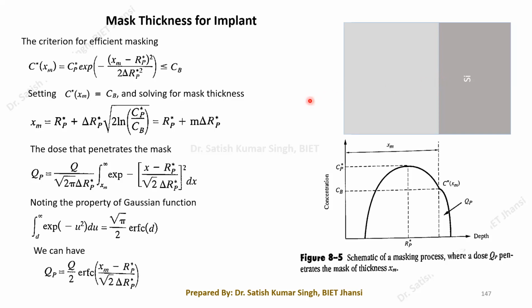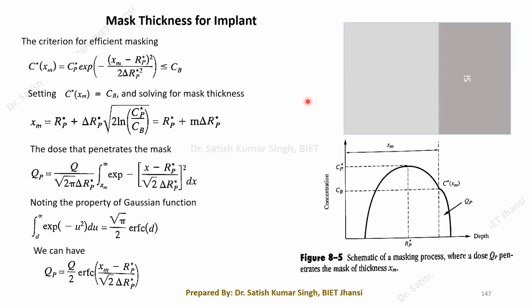You have to remember one more point: metal layers are a very good stopper, or a very good mask, for your ion implant beams. In the case of ion implantation, if you want to stop the ion beams, any thin layer of metal will work very well. Similarly, a photoresist layer also works very well.